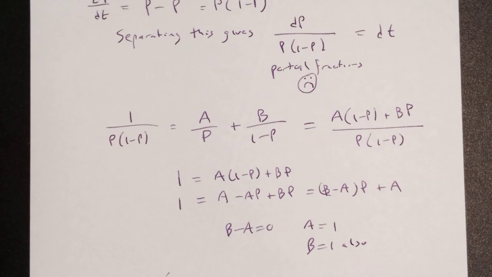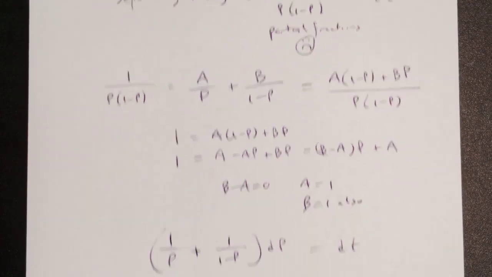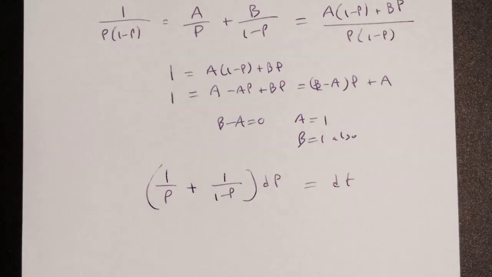And I put the dp on the outside instead of on the top. It's okay. And now I can integrate. What's the integral 1 over p? LNP. Yay. To do 1 over 1 minus p, I need almost.